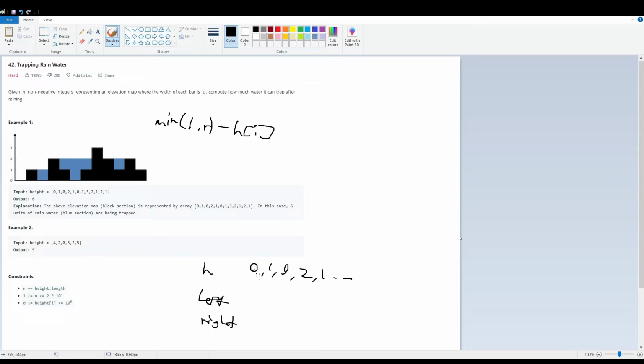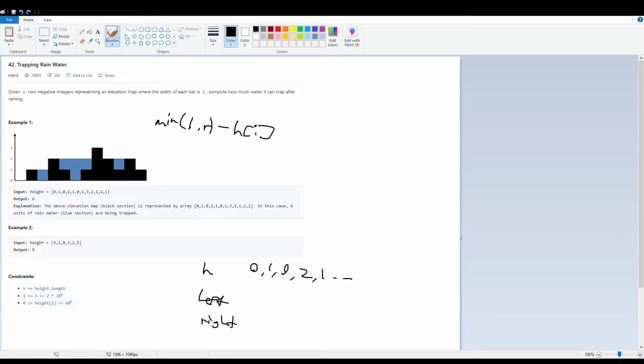Basically we traverse the array in the forwards direction to look for the maximum height and store it in this left array, and then traverse through the array in the reverse direction and keep track of the maximum right elevation that we see so far.